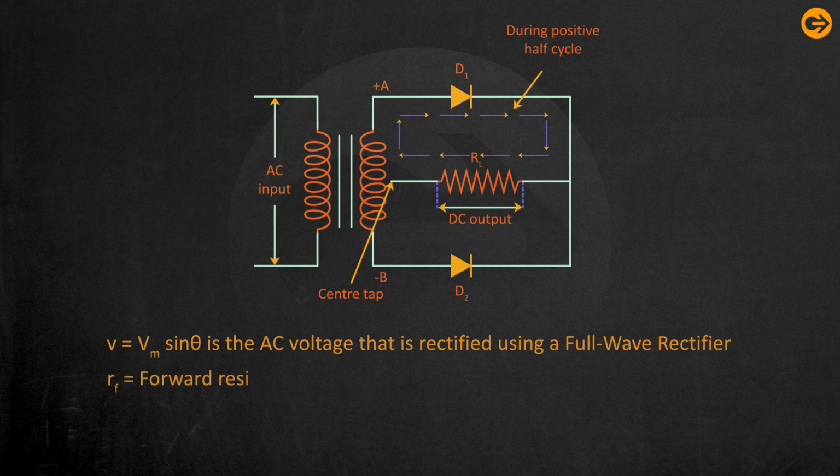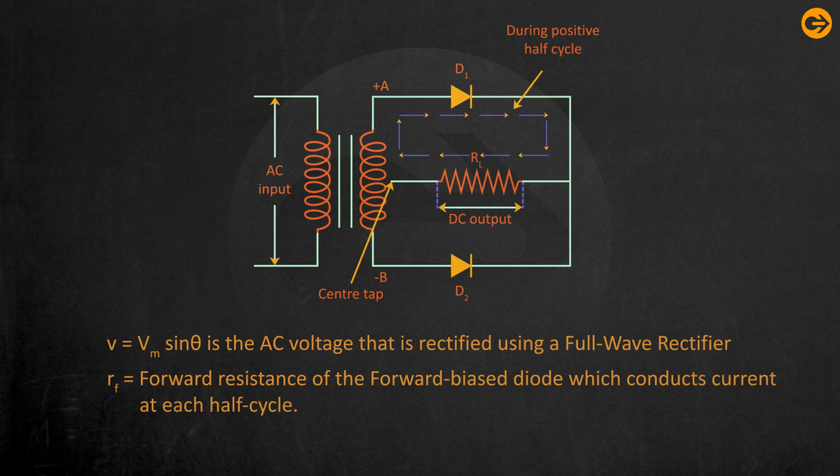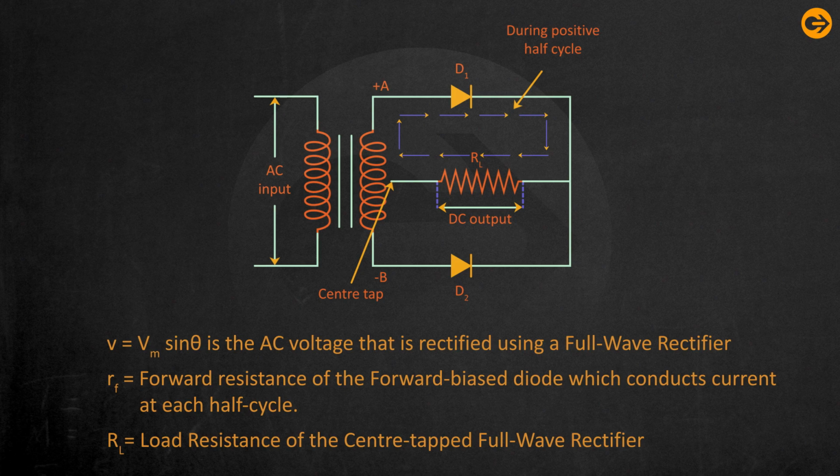RL is equal to the load resistance of the center tapped full wave rectifier. The instantaneous value of the current is given by the equation I is equal to V by (Rf plus RL). Therefore, I is equal to Vm sin theta by (Rf plus RL).